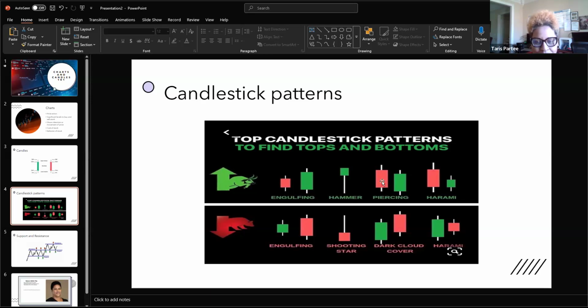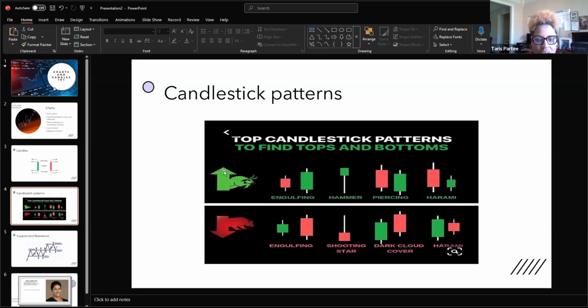They are very high probability patterns. When I see these patterns, this is how I know I need to prepare to get into a trade. Now, patterns are just patterns unless they are at a level of support or resistance, which we're going to talk about in the next slide. But for right now, I want you to review these patterns.